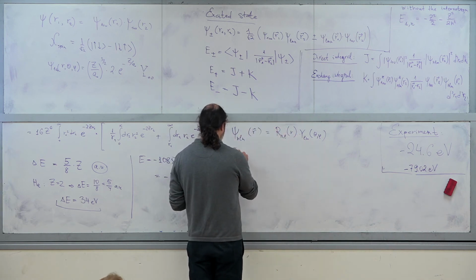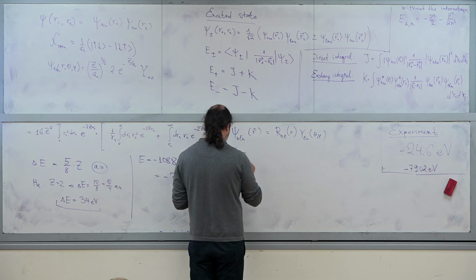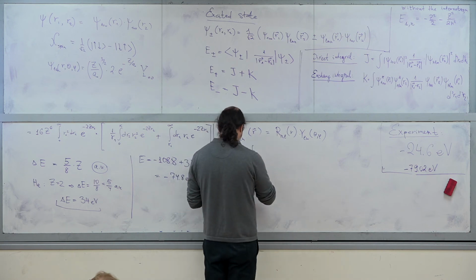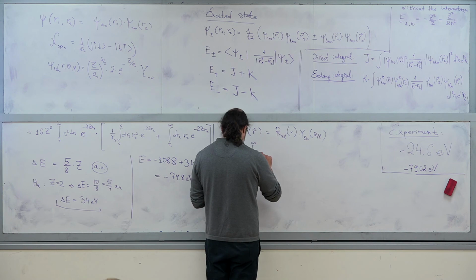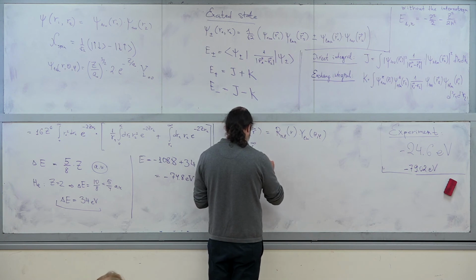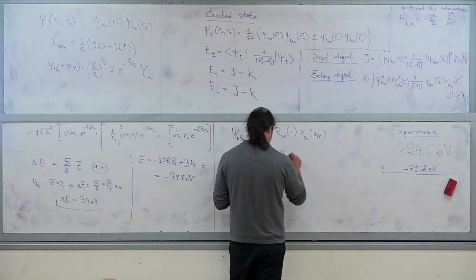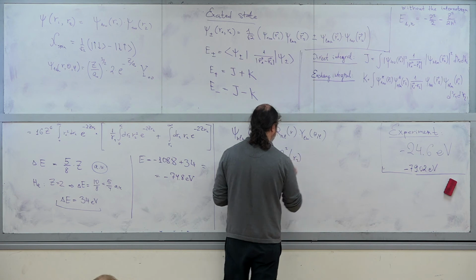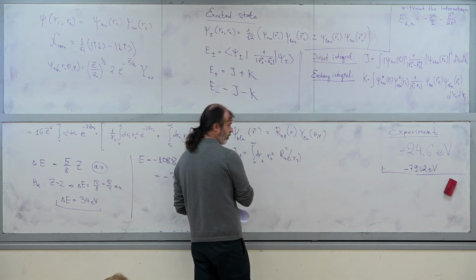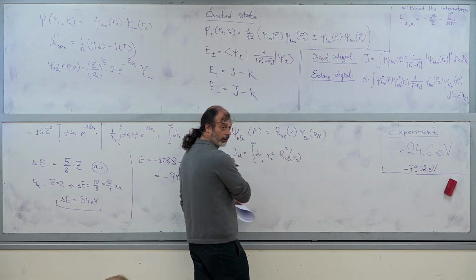So now this direct integral J_nl will be the integral over dR2 R2 squared multiplied by Rnl squared of R2. You have to see what orbital you occupy in order to know how this wave function looks.